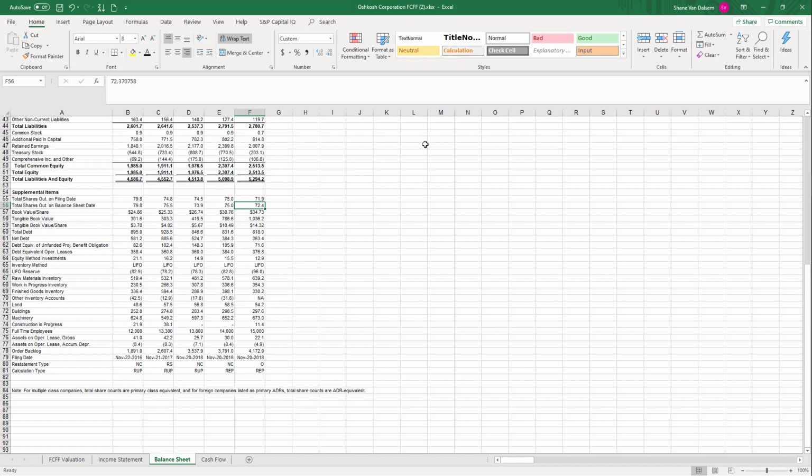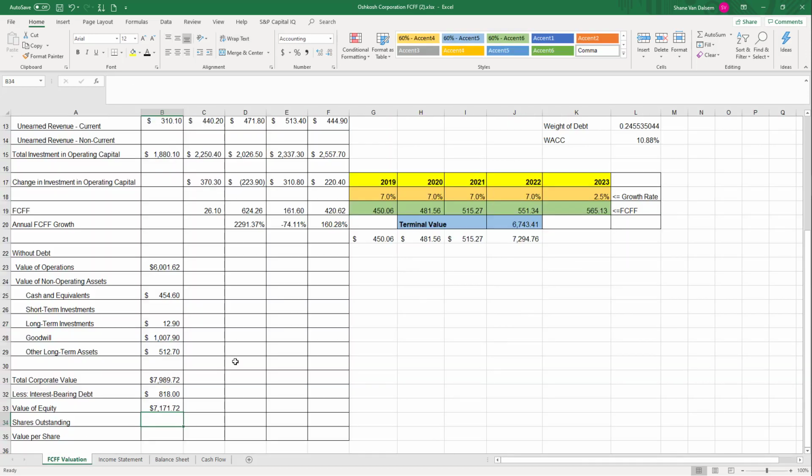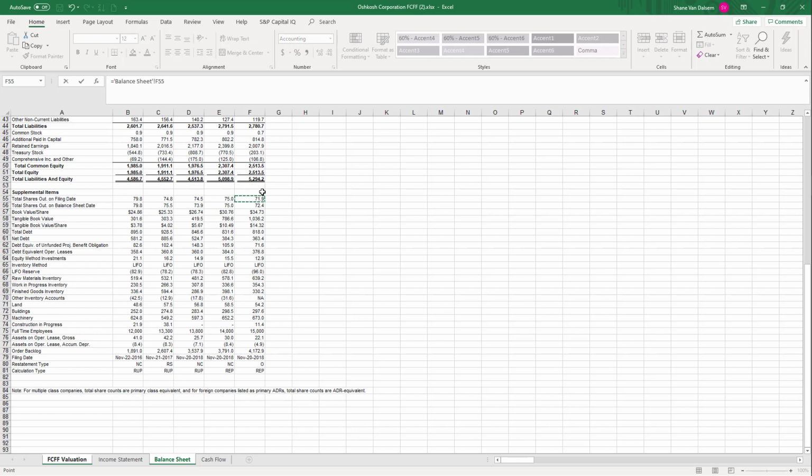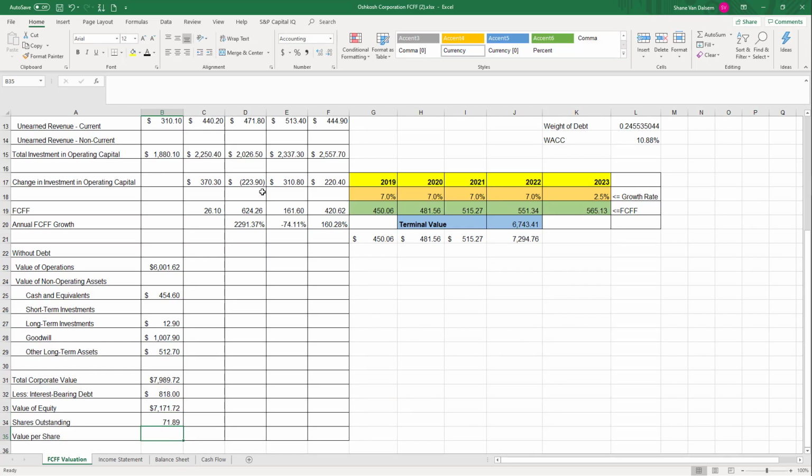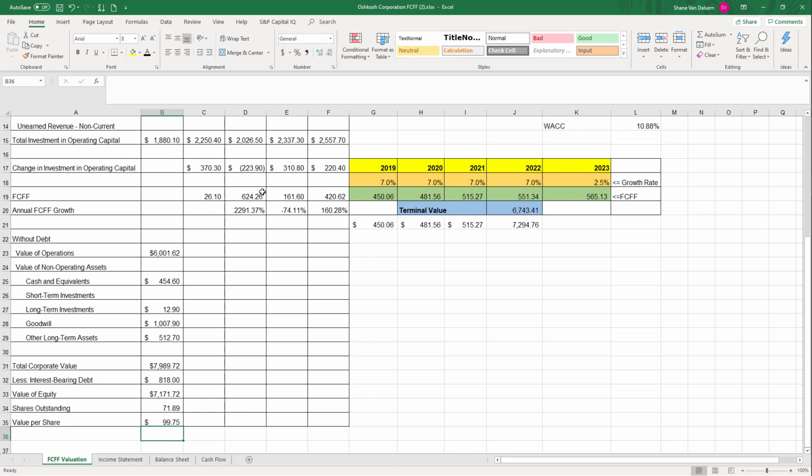You could either put that or the balance sheet date. It's not going to have a big difference there. And then our value per share is equal to $99.75.